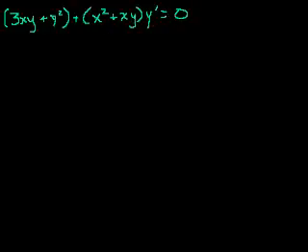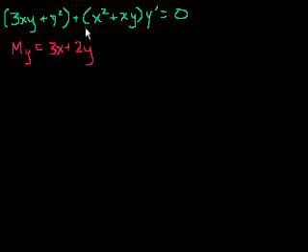And how do we test that? Well, we can take the partial derivative with respect to y, and we could call this function of x and y M. So the partial of M with respect to y would be 3x plus 2y.